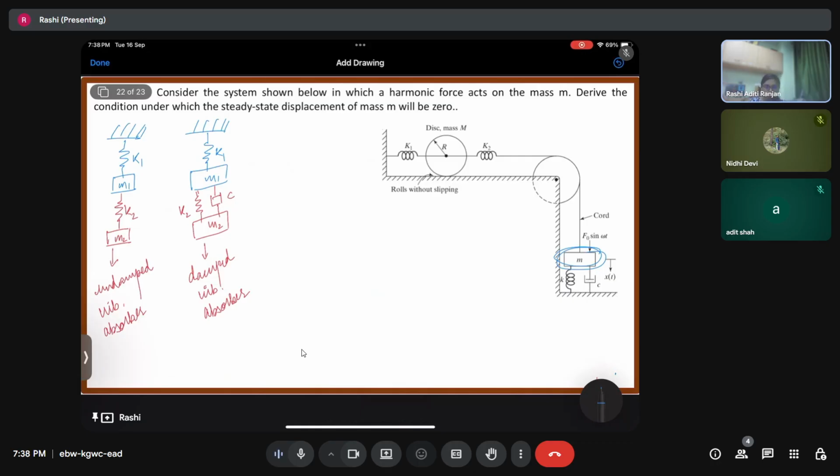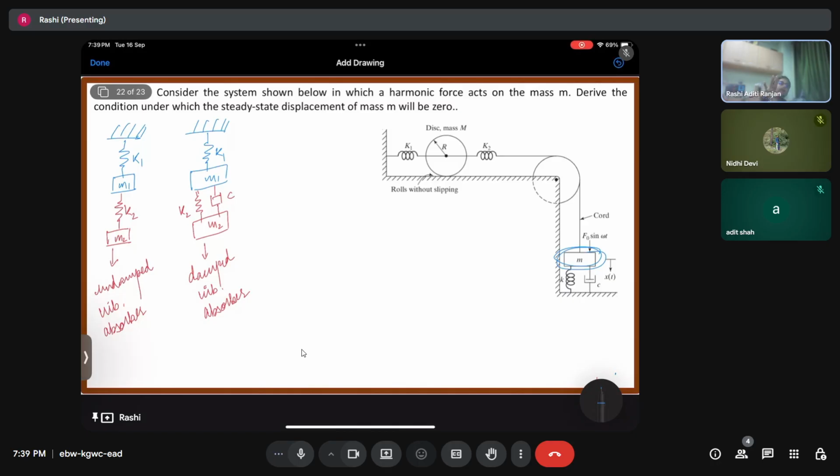Now, if you look into the system, we have two masses and there is no rigid link in between them. If spring K2 would not have been there, this would have become a single degree of freedom problem, because the displacement of the disk R and the displacement of m would have been the same.